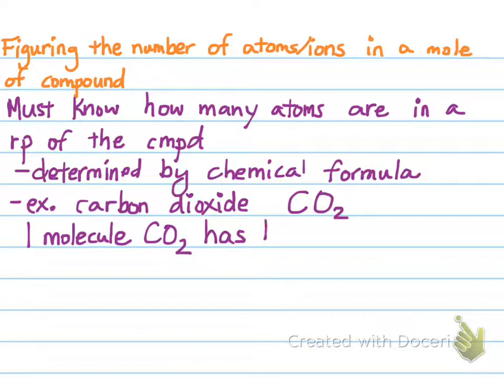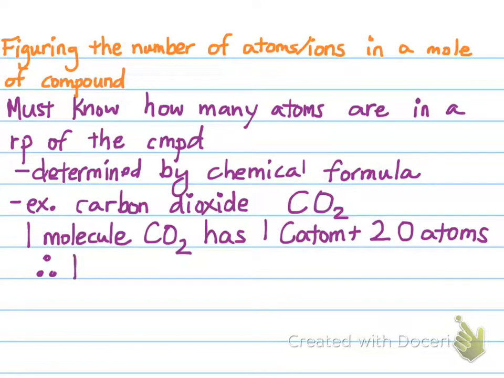Hope you said 1. How many oxygen atoms? Hope you said 2. Therefore, right, 1 molecule of CO2 equals 3 atoms. Right? The 1 carbon and the 2 oxygen makes 3 atoms total.